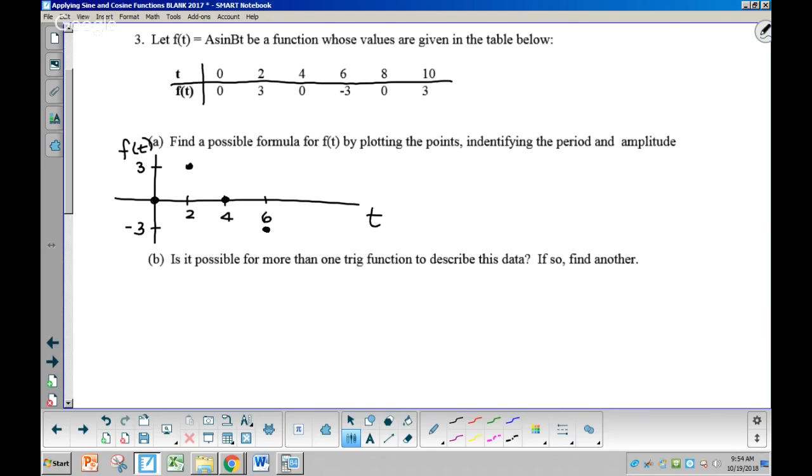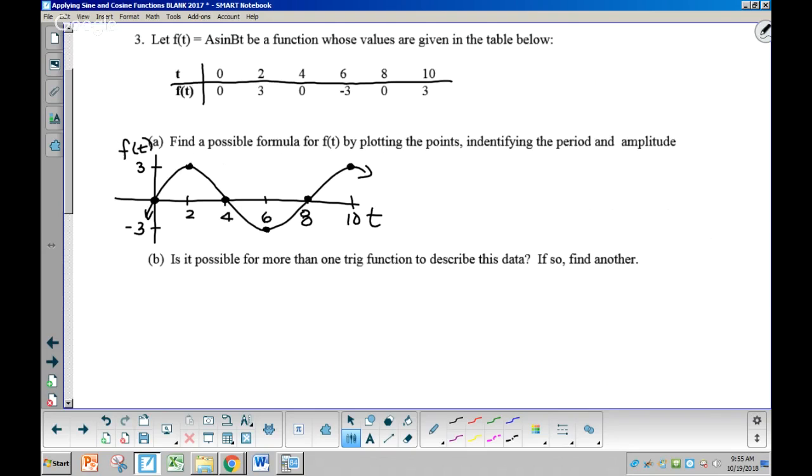I was really excited to get to the negative value there. All right, so we're going to go to 8, back to the midline, and then at 10, back to 3. And then we're going to connect the dots. And so from this data, do you see how we could probably name a sine curve?